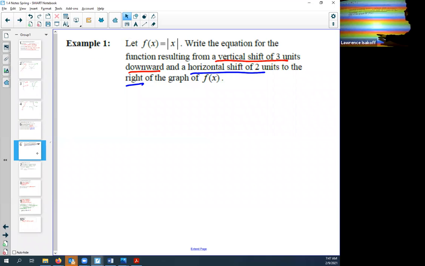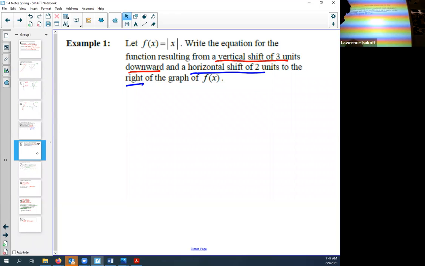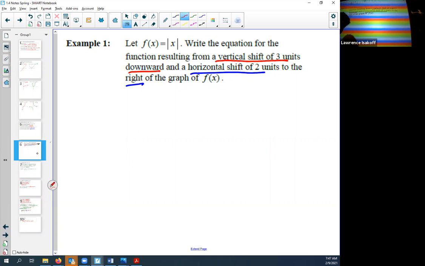Here, I want to shift this absolute value function 3 units downwards and 2 units to the right. I want to start with the regular one in black.